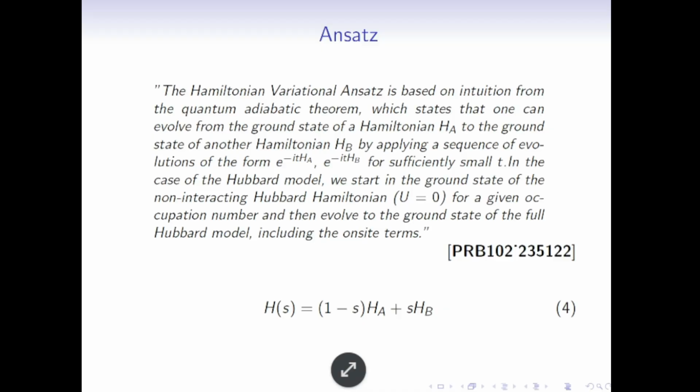So if you remember adiabatic evolution, I won't go into it, but what we can do is take the exponential of this. If you remember the Heisenberg picture, then you can represent this Hamiltonian in a time dependent format, okay.